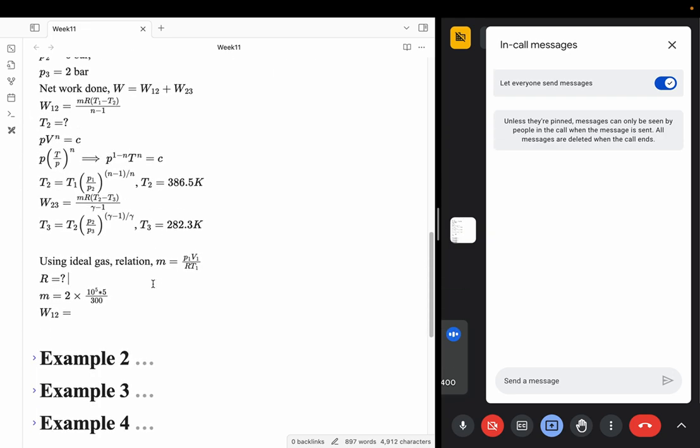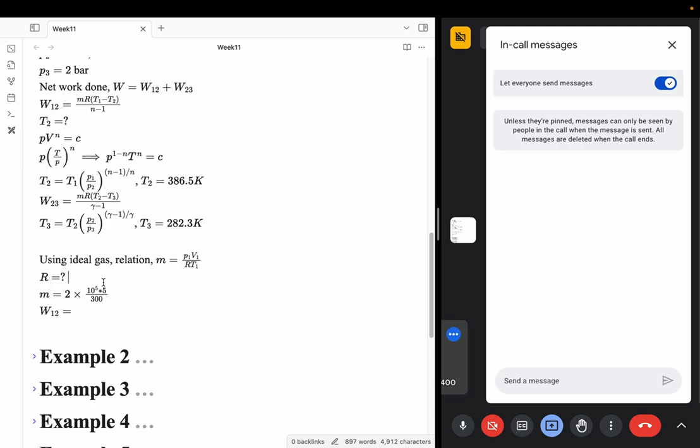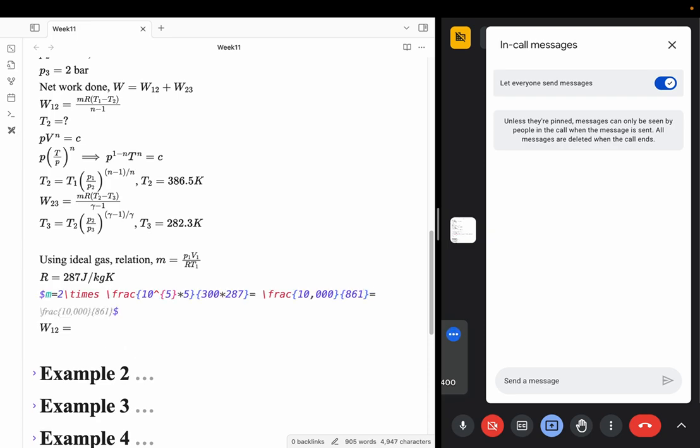So for air, the value of R should be, again, the units have to be taken consistently. We'll be using units joule per kg Kelvin. So this will be 287. This is coming to around 11.61 kilograms.